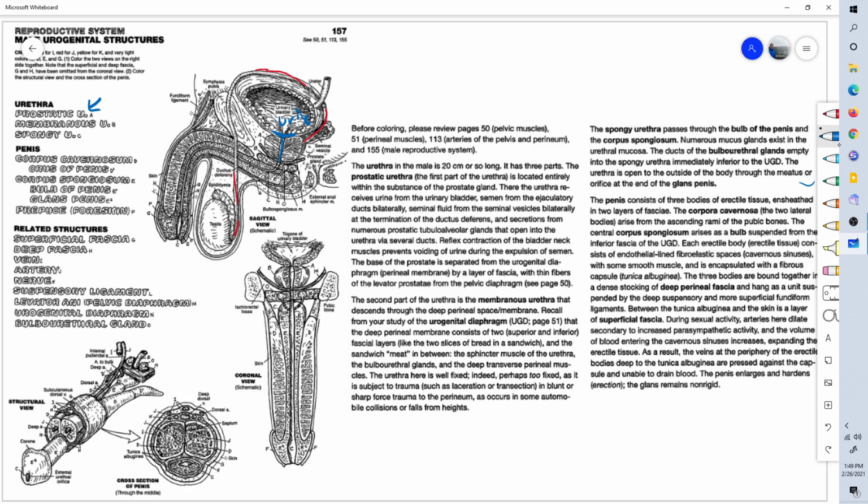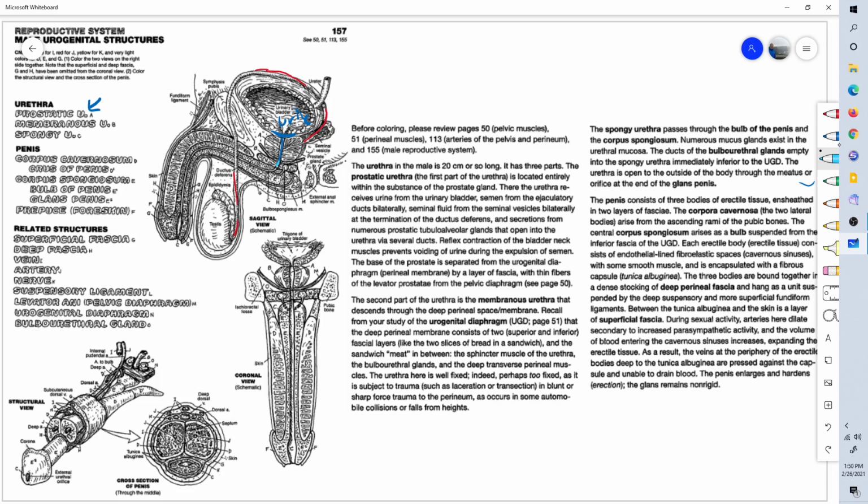The second part of the urethra is known as the membranous urethra. After leaving the prostate gland, the urethra enters the membranous little section here where it passes through some soft tissue called the urogenital diaphragm.